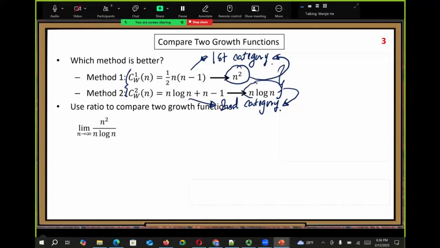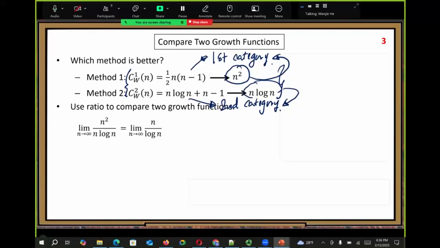How to calculate this limit? First, we do simplification. Cancel the common factor. After simplification, we need to calculate the limit when n approaches infinity, n over log n.